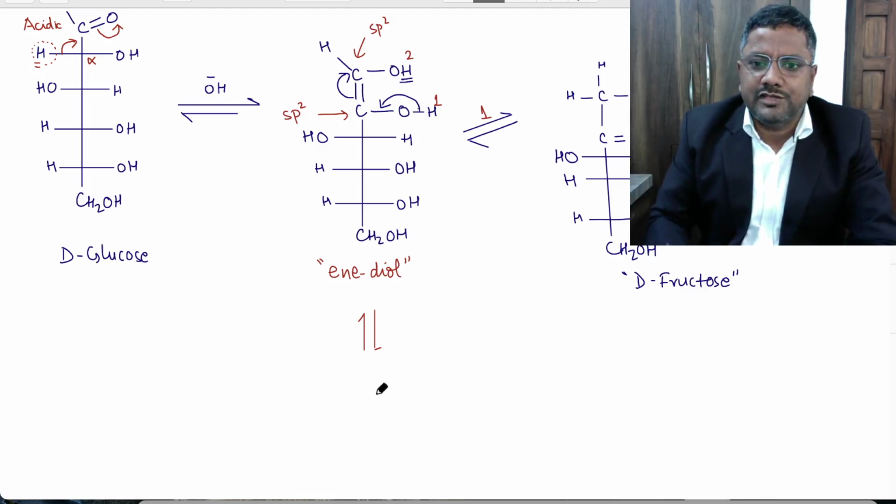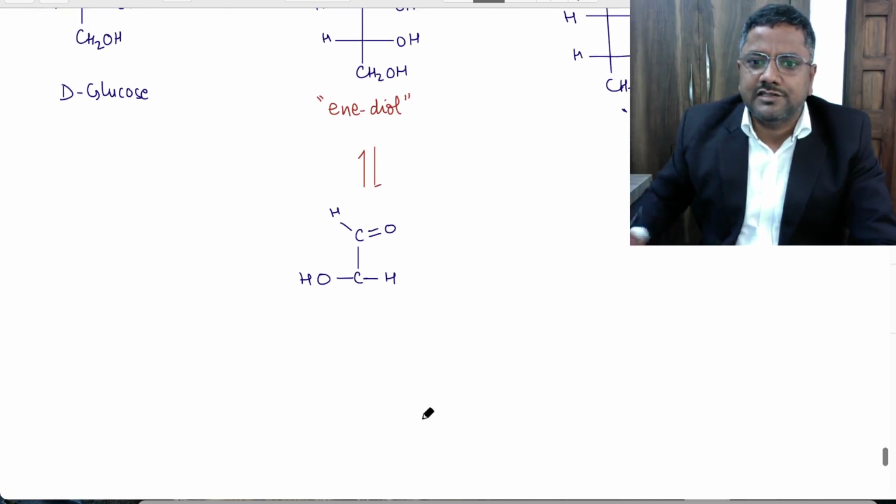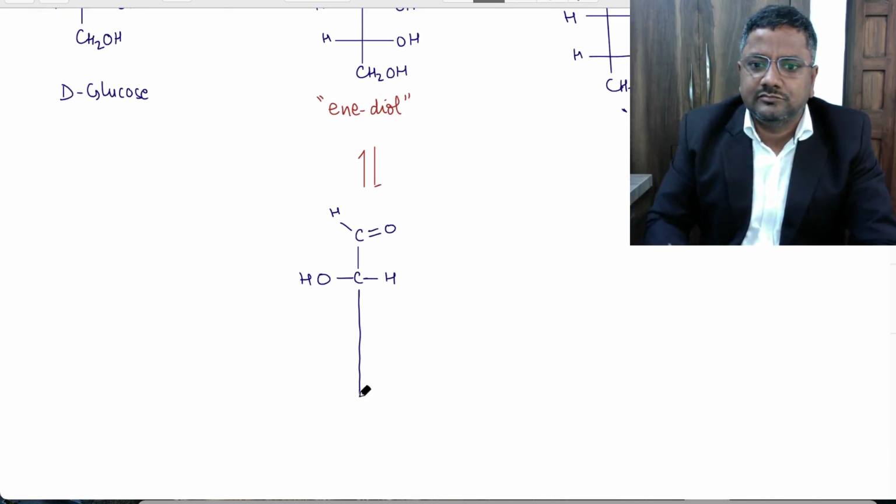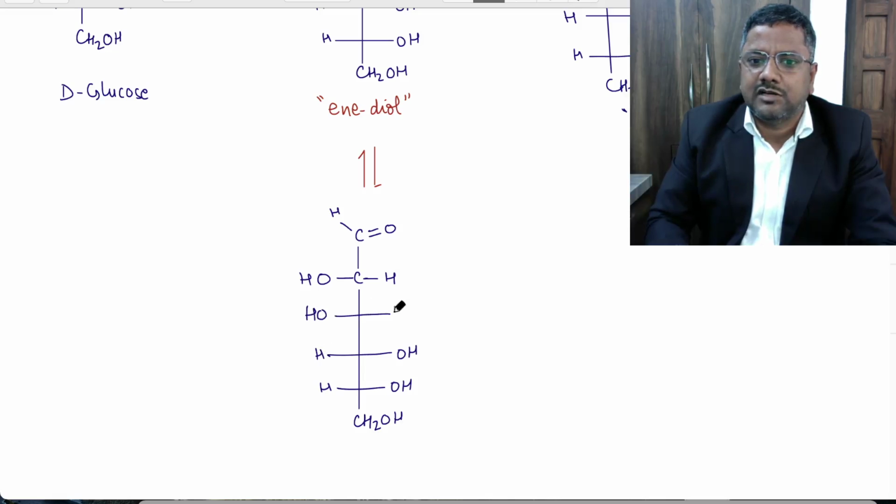Now this side OH may come, so CHO, the aldehyde group is retained, but this time OH will come this side, H, and the rest part is the same.